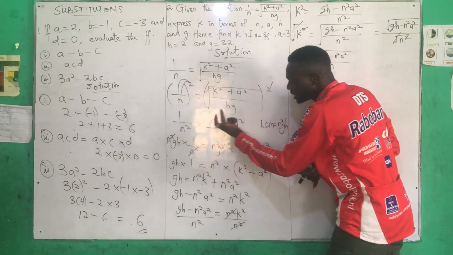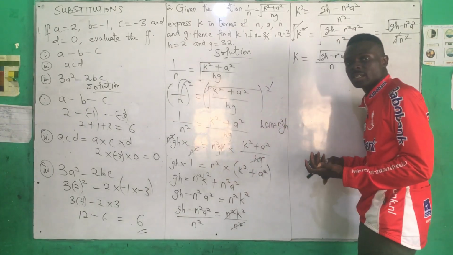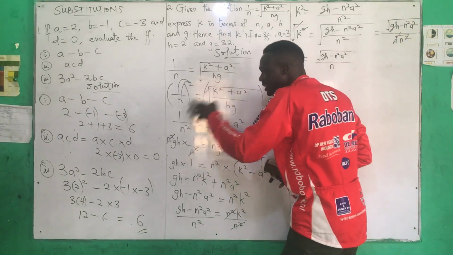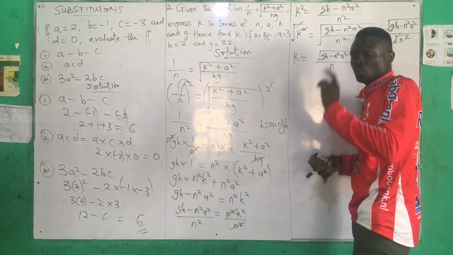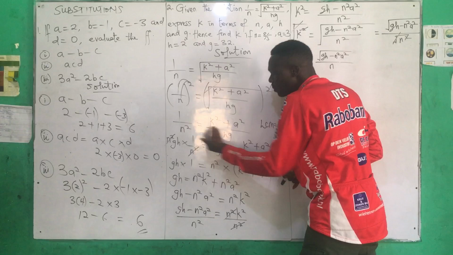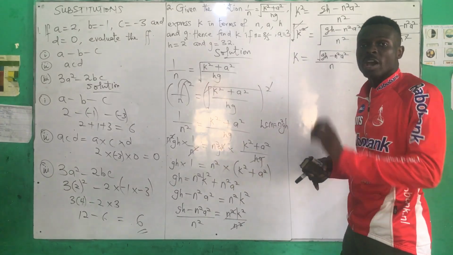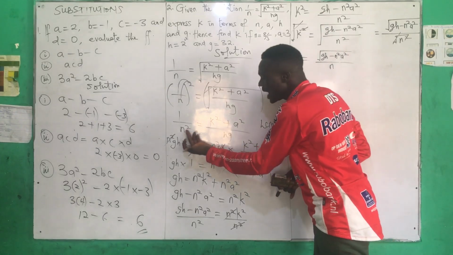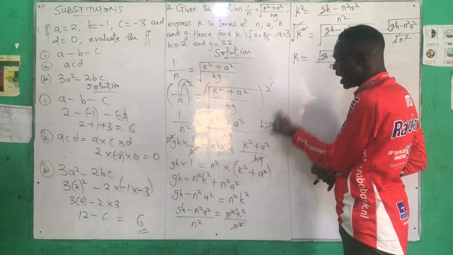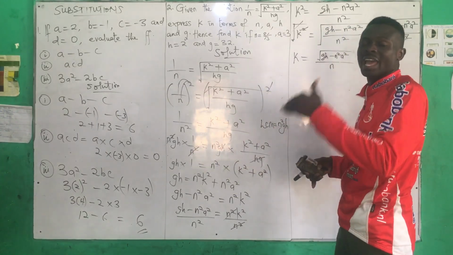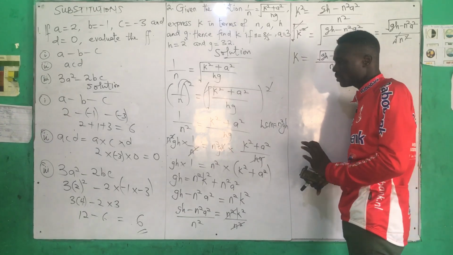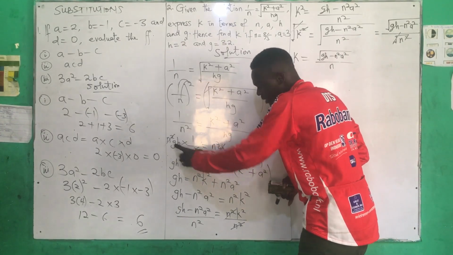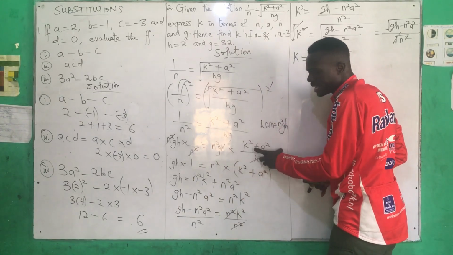Now from here, you can see we have a what? A fraction. Now we have to get rid of the fraction by multiplying each term by the LCM. We were told that if the denominators happen to be variables, find your LCM by multiplying the denominators. So n squared times gh will give you n squared gh. So we multiplied this term by the LCM, which is this, and also multiplied this term by the LCM.